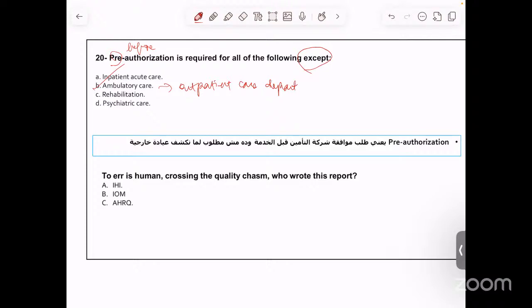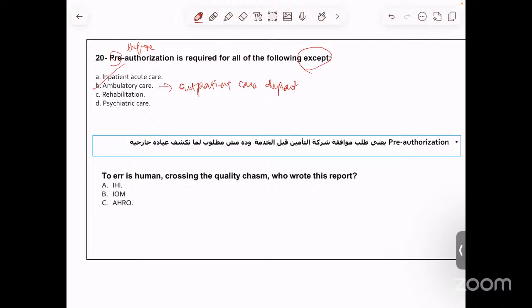Hospital admissions are expensive, and this involves significant resource use, for example any surgeries or intensive care. The insurers require pre-authorization to confirm the necessity of hospitalization and ensure that less costly alternatives have been considered.